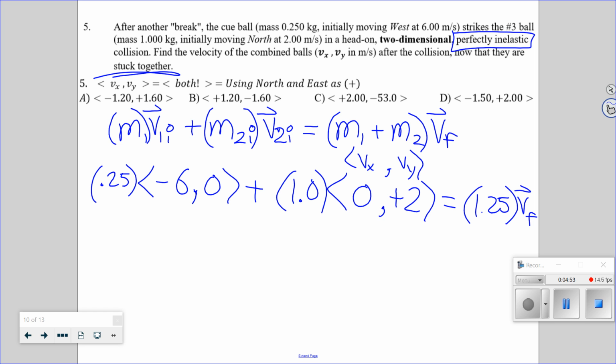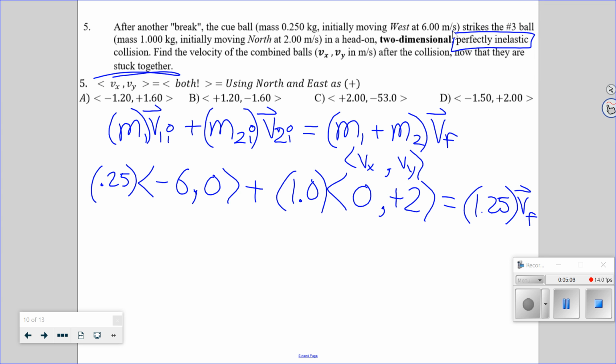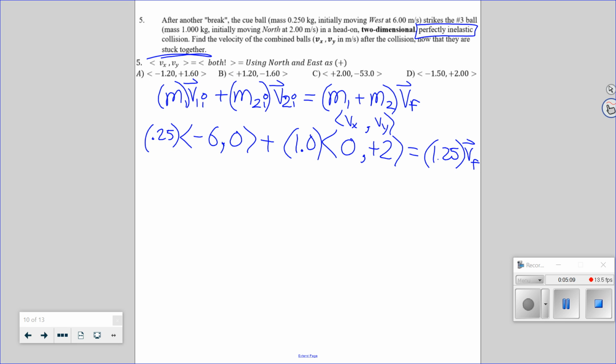I would accept the momentum. Okay, let's make it really convenient for us. If we've solved enough of these, and we're ready for a test tomorrow, har har har, then it actually looks like this. I would say here's momentum 1, and it's going to be negative 1.5 comma 0, and I can do plus momentum 2, it's 0 comma plus 2, and these are all in newtons.